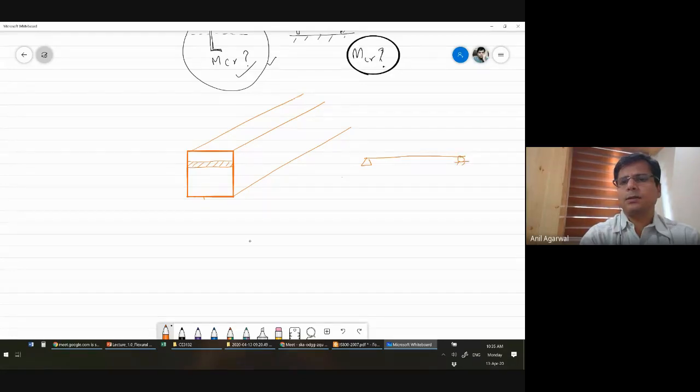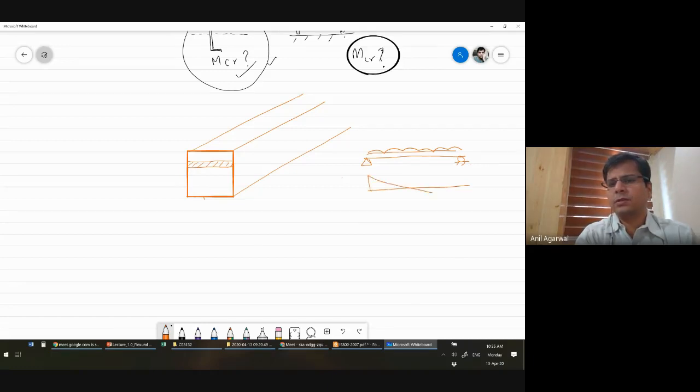Let me take a simple case: it is resisting a distributed load. That means there is a shear force diagram which looks like this, and there is a bending moment diagram which is parabolic.